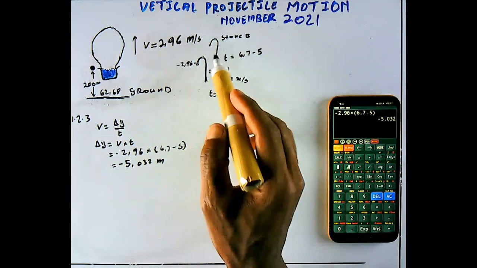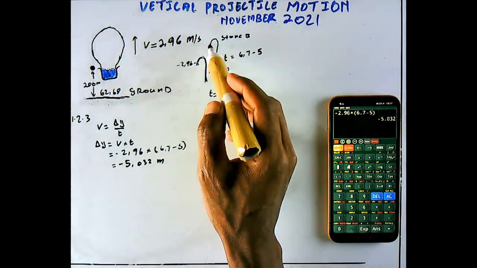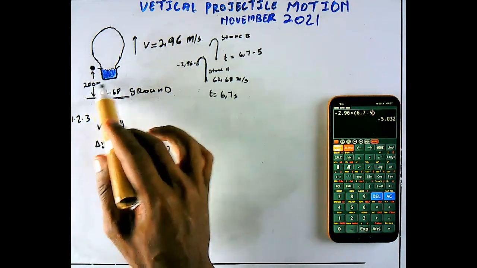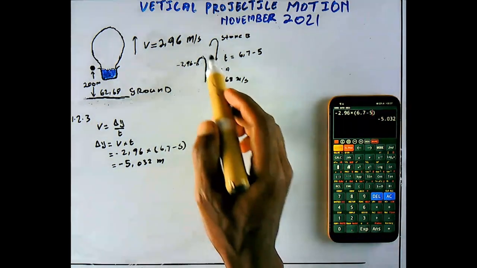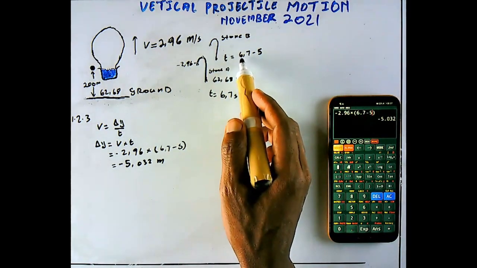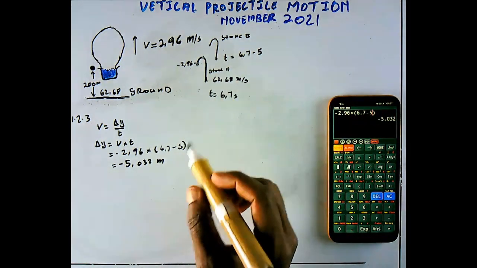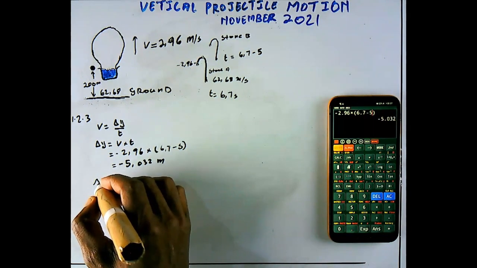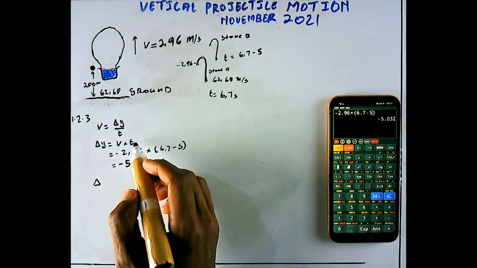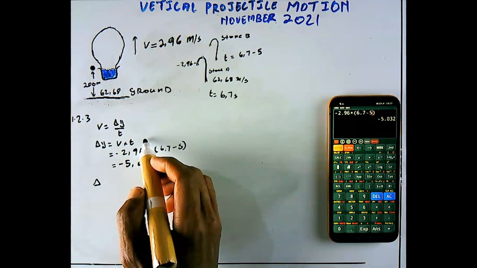And remember, the stone B initial velocity is the same as the initial velocity of the hot air balloon. So we have initial velocity, we have time, and we have gravitational acceleration. So we can use this formula because we've got gravitational acceleration.